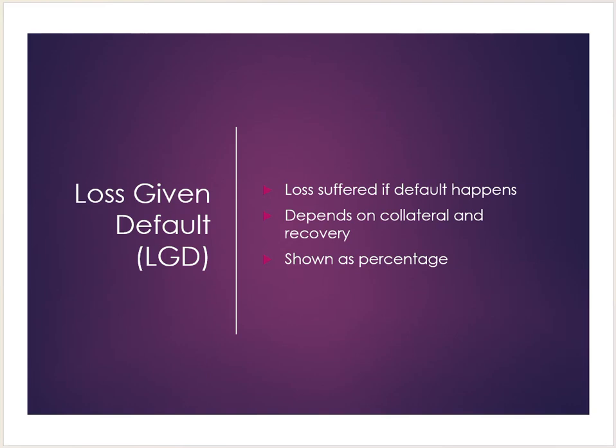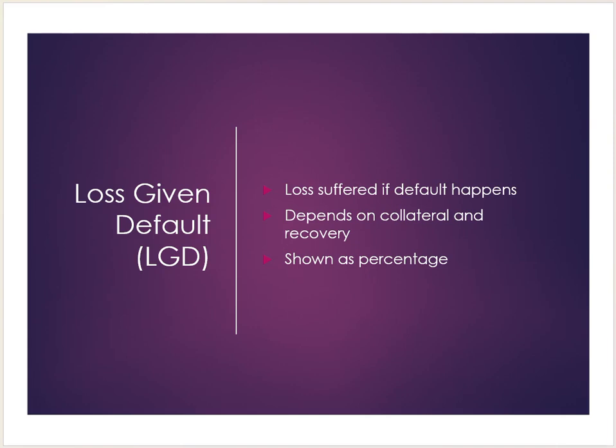Then loss given default. Loss given default helps the bank calculate the loss suffered if a default happens. Whenever a default happens, how much recovery value or collateral can the bank recover from that defaulter?